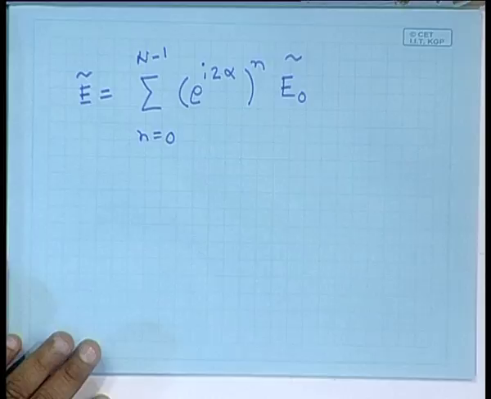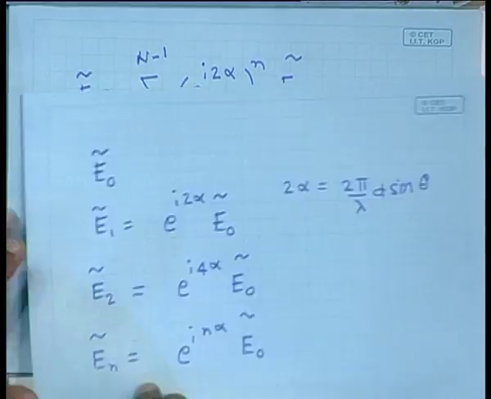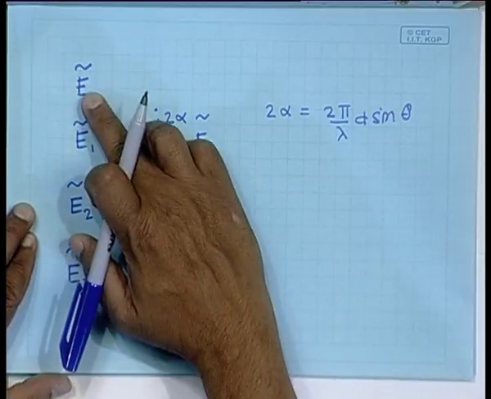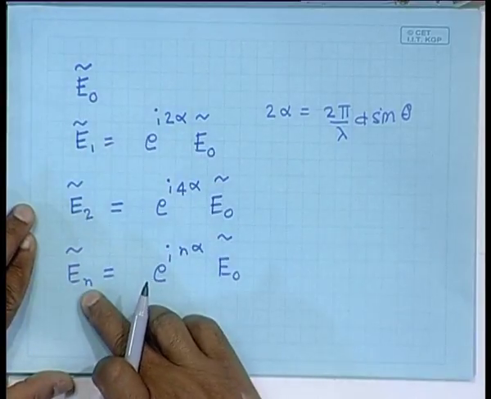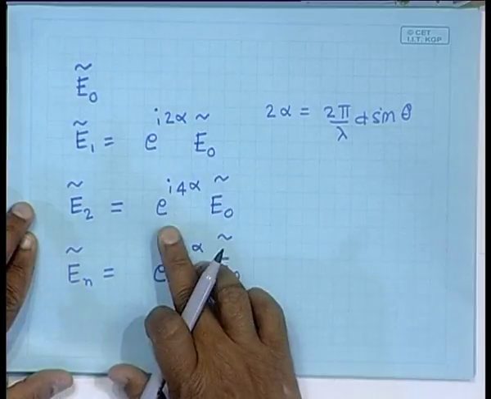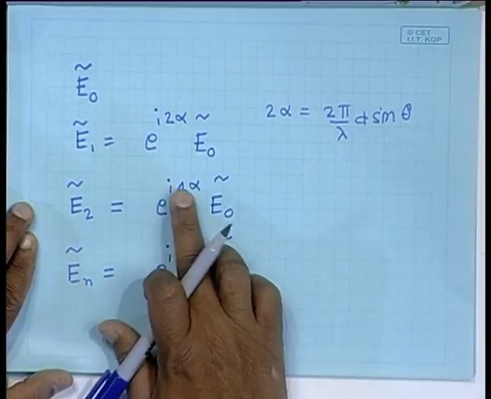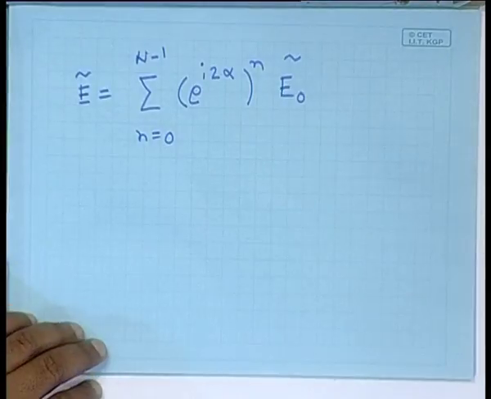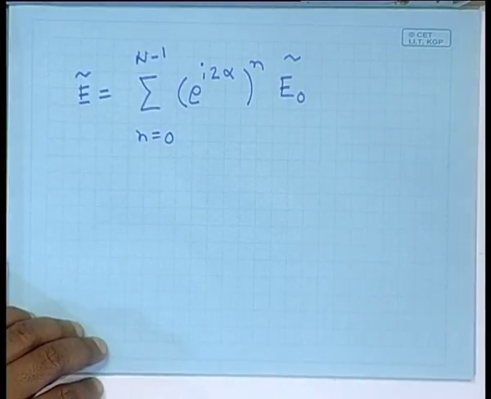Right, and this is just a restatement of this. So, I have added up E 0, E 1, E 2, E 3. This is going to contribute e to the power I 2 alpha times E 0. This is going to contribute e to the power I 2 alpha square, I 2 alpha to the power n E 0, which is what I have done over here. I have written down the sum.